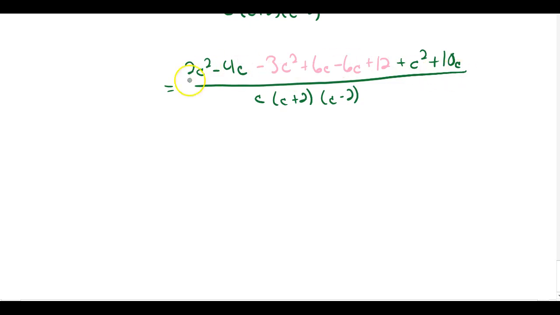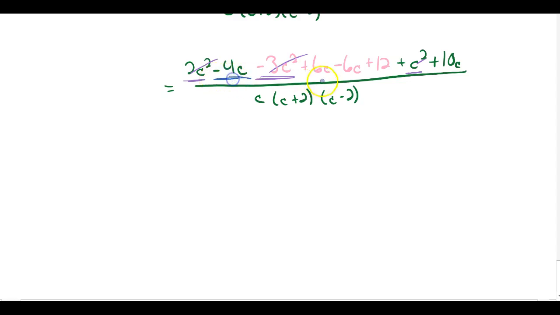Now then, I'm going to combine all my like terms, okay? So I have a 2c squared minus c squared, so that gives me a negative 1c squared, plus a c squared, so the c squareds actually cancel out. Then I'm going to look at my c's.